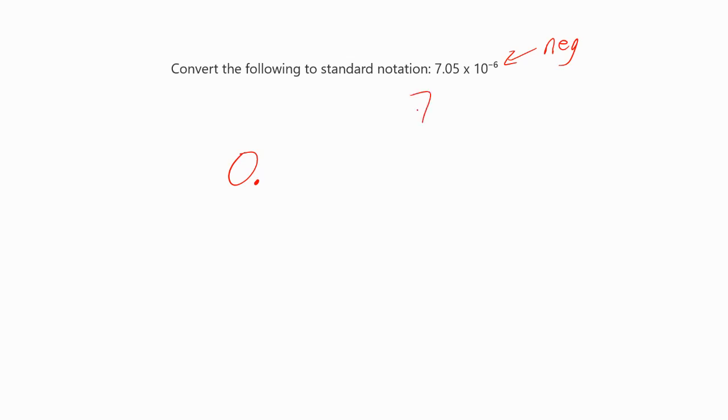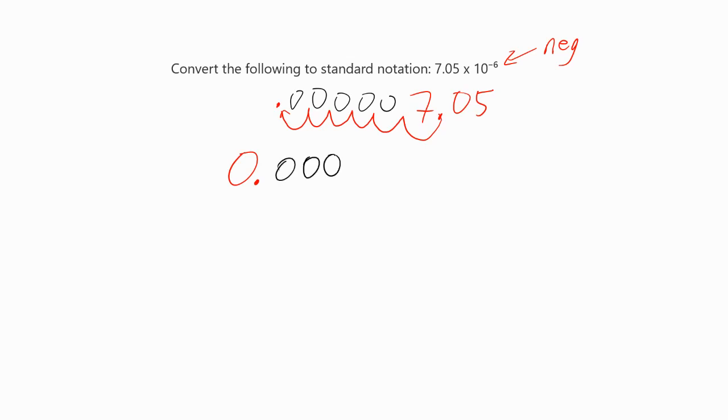And if we have 7.05 and we have to go 6 places, so we want to go 1, 2, 3, 4, 5, 6. So that decimal is going to move 6 places. That's going to add us 5 zeros. So it's 0.1234575 is the answer for that. But you want a fractional number because that's a negative exponent.